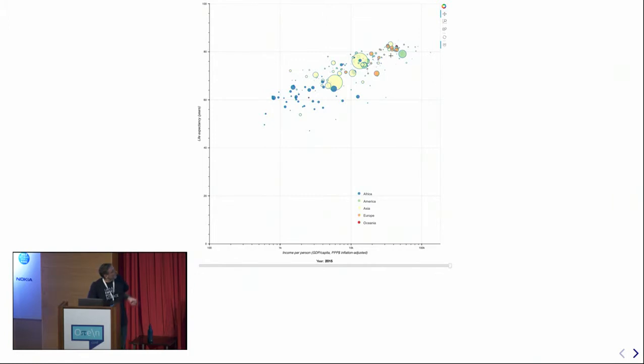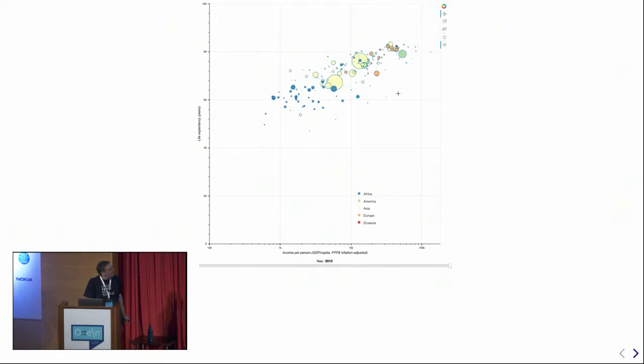So here are all the countries again, but there is some interactivity. For example, if you hover over any country, you will see which country it is, and the population. You can also try to see where is Greece. So this is Greece. So despite the financial crisis and all that, we are near the top of the table.